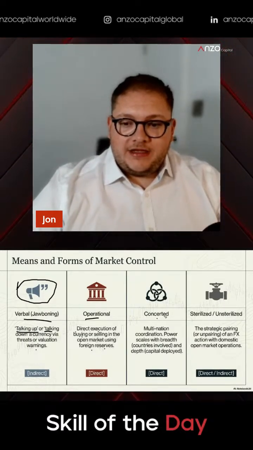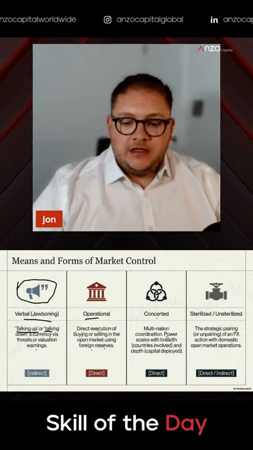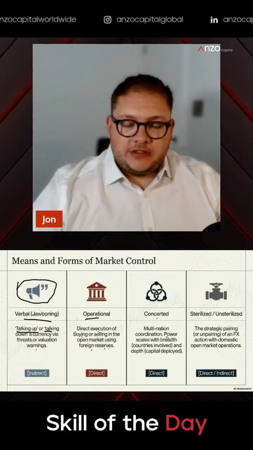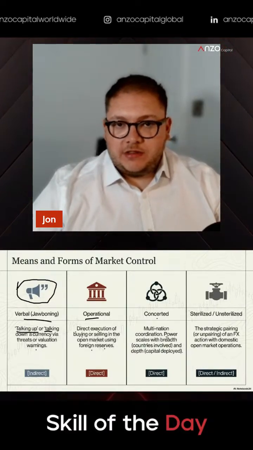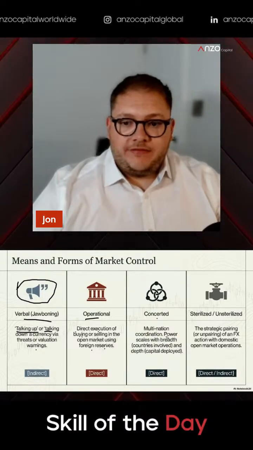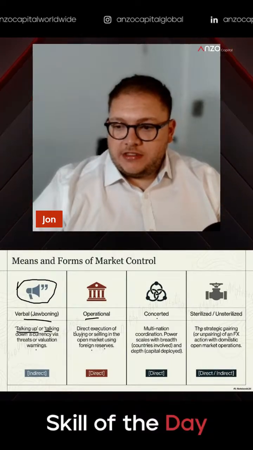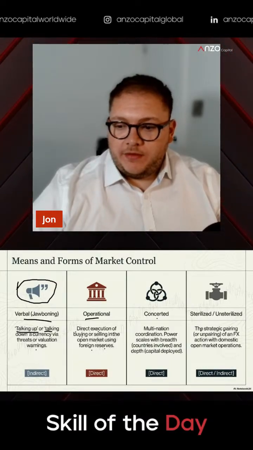Quite often we can get concerted ones as well, which is multi-nation coordination. That's when multiple central banks will come in and coordinate together to prevent overvaluation or devaluation of a currency. Okay. And then there's strategic, so an FX action in domestic and open market operations.